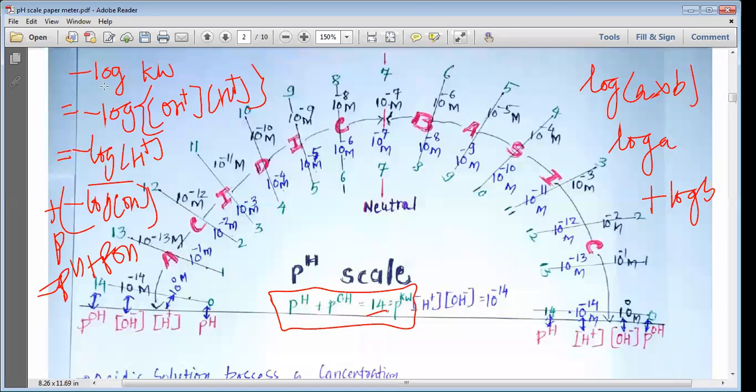Thus pH plus pOH is equal to pKw. So please remember that pH plus pOH is equal to pKw.